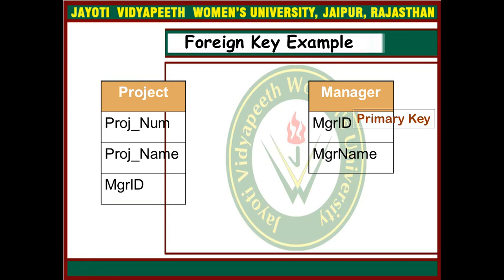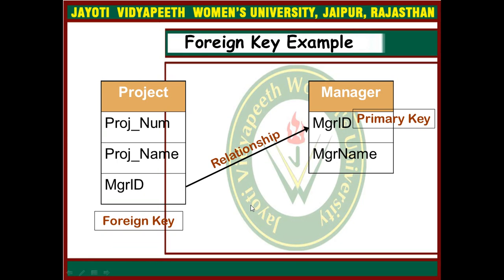This is a primary key and this is related to it, so it behaves like a foreign key. This is basically the relationship between primary and foreign key.